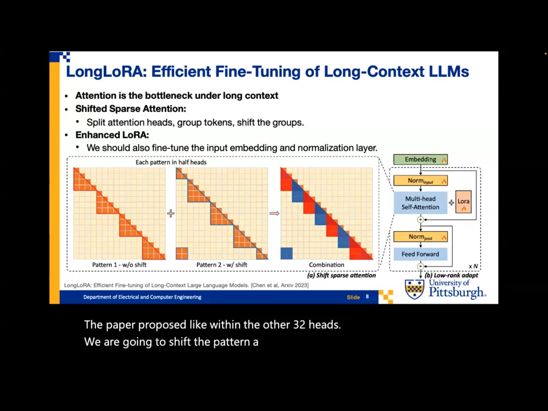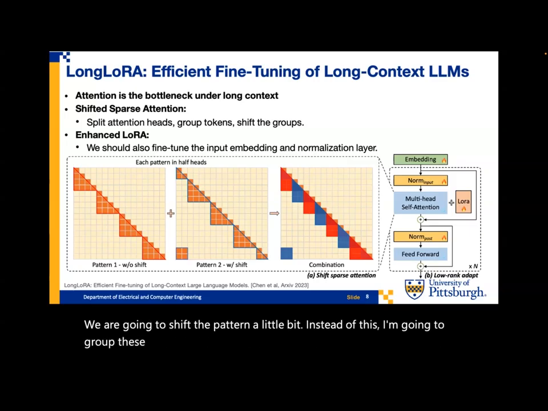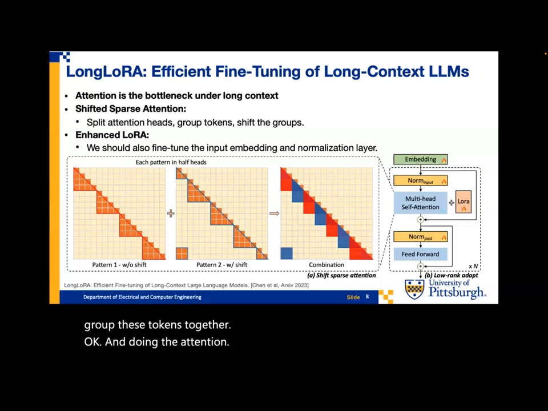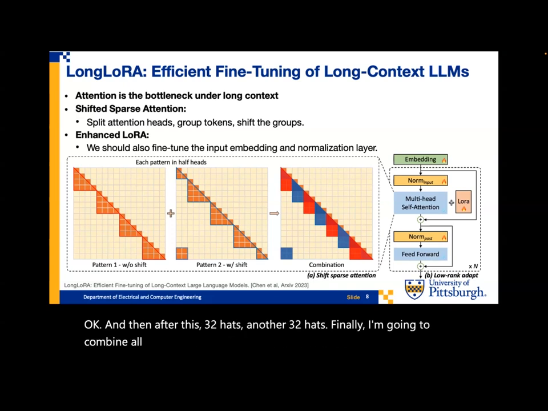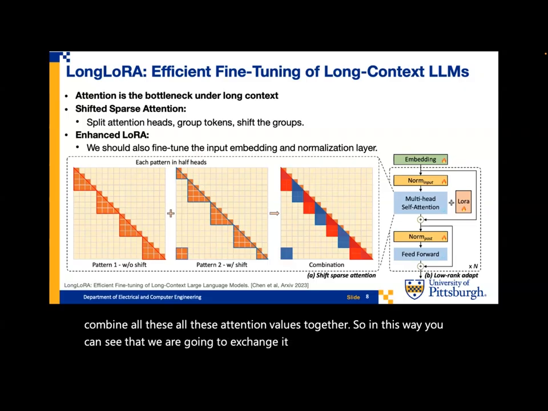Instead of this, I'm going to group these tokens together and do the attention. Finally, I'm going to combine all these attention values together. So in this way, you can see that we are going to exchange information across the adjacent groups.